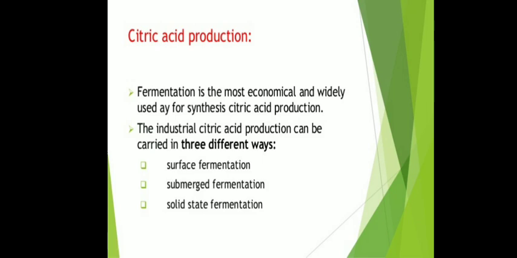And we have already studied the first way for the production of citric acid, which was surface fermentation. In this session, we are going to study the second way for industrial citric acid production, which is submerged fermentation.